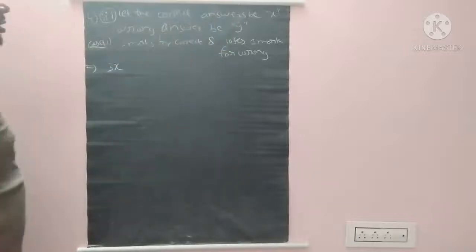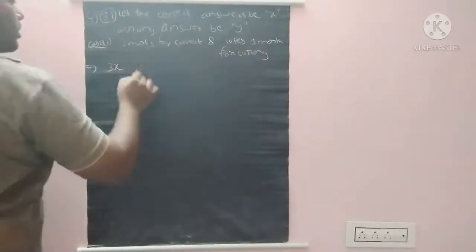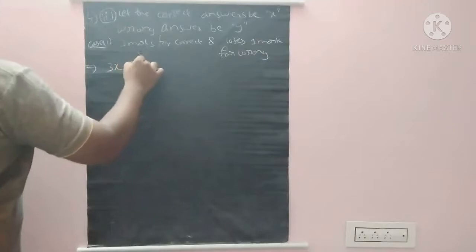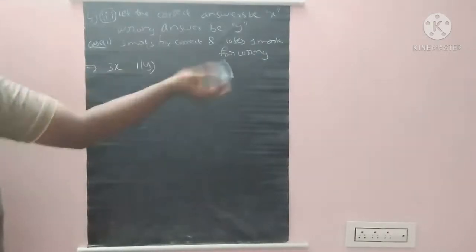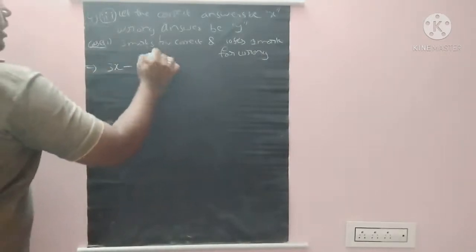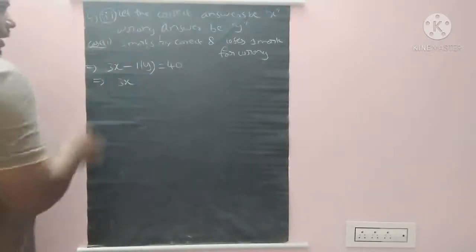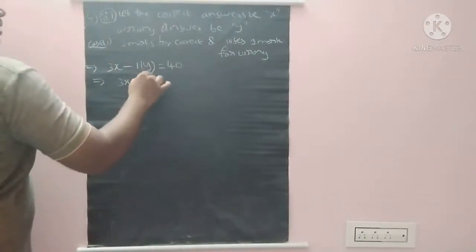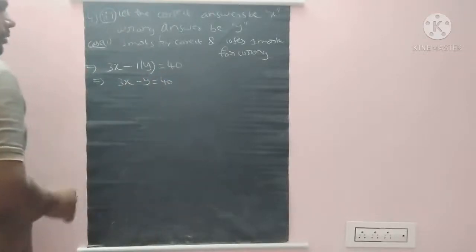If he answered Y questions wrong, 1 mark for each question, total Y questions, so Y marks. That means 1 into Y. Since from the correct answers we need to subtract the negative marks, so 3X minus Y is equals to 40.